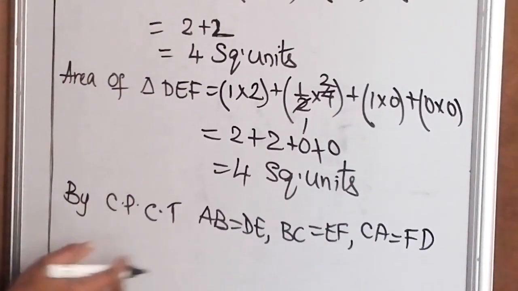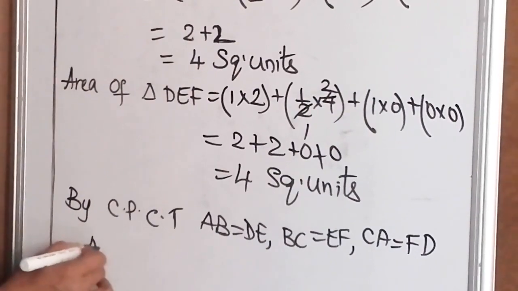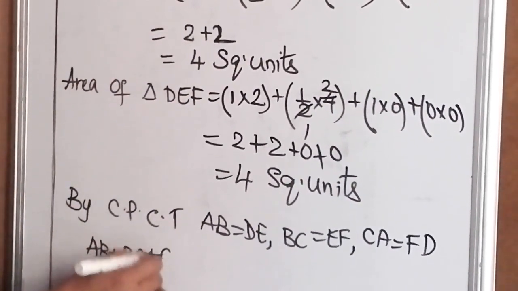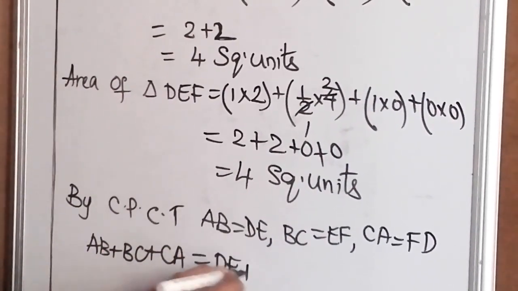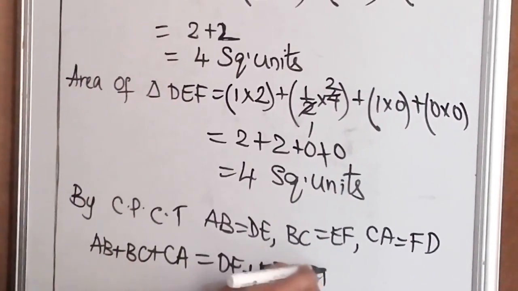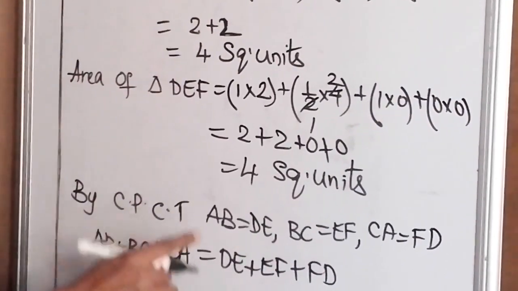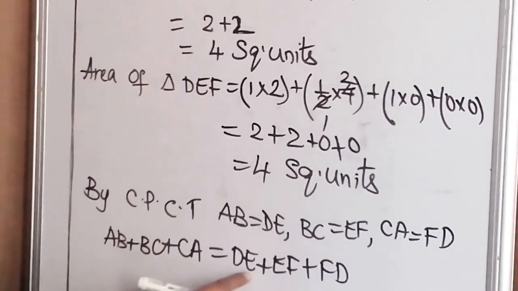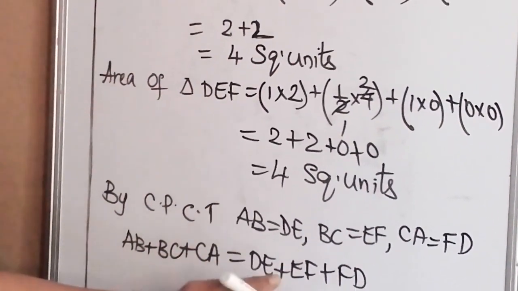Now let us add up all this. So AB plus BC plus CA is equal to DE plus EF plus FD. Okay. AB plus BC plus CA, that means we are adding up all the sides. Then DE plus EF plus FD. Here also we are adding up all the sides.